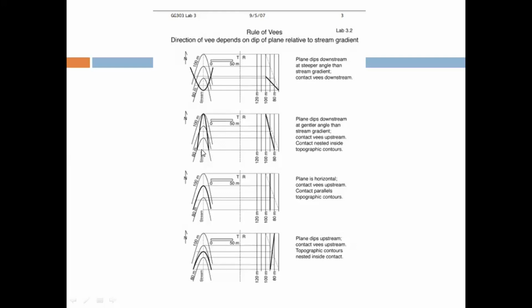Similarly, if the geological contact and the contours have a gentler dip, you can see the shape of the geological contact, and here you can see the V's of the contact. Remember, this is the V of the contour, and this is the V of the geological contact.